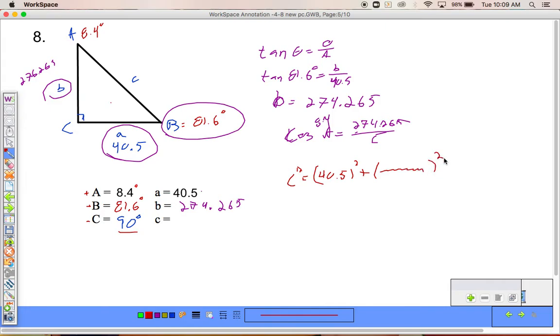Now I want you to use the whole thing. Don't use the rounded value. So I'm going to go to the calculator for Desmos. And then I'm going to take the square root of this long decimal. Get 277.240.